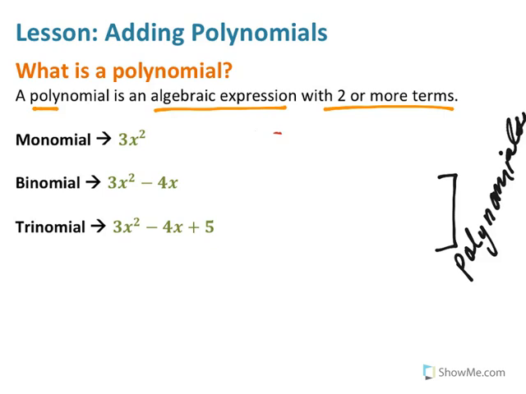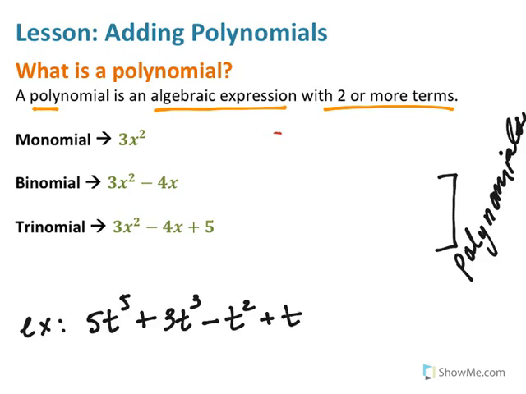So in general, another example of a polynomial doesn't just have to have two or three terms. It could have 4 terms, 5 terms, 6 terms. So a last example that I'll give of a polynomial is, let's say, 5t to the 5th power plus 3t to the 3rd minus t squared, or 1t squared, plus t minus 100.